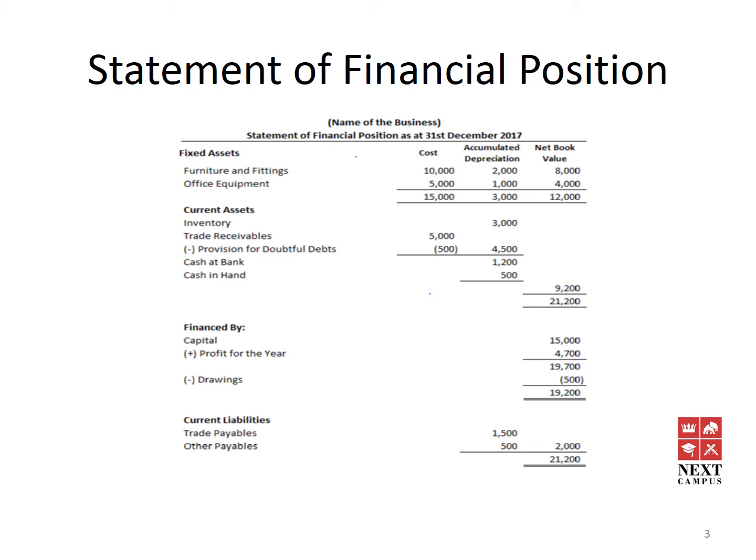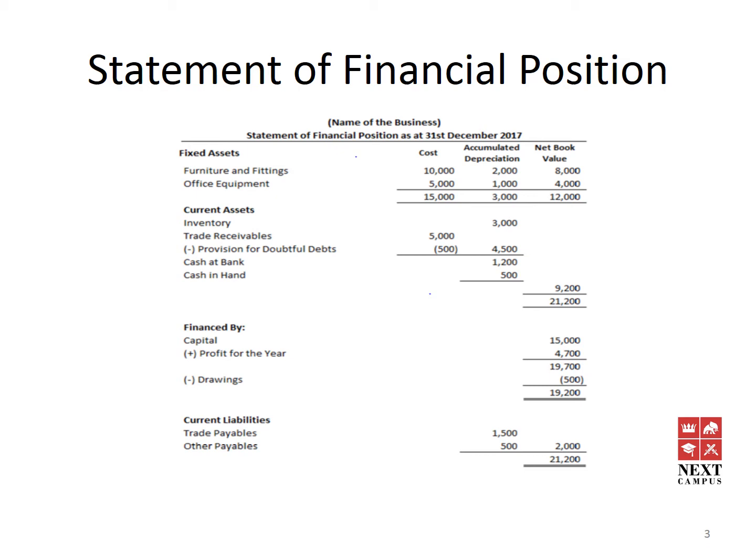So the income statement has shown the profit and the statement of financial position shows the net worth of the business. It is showing the assets, liability and equity. If you see this sample statement of financial position, you will see assets as well as how it is being financed.